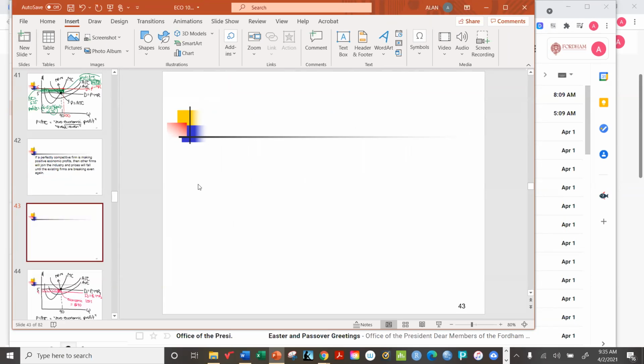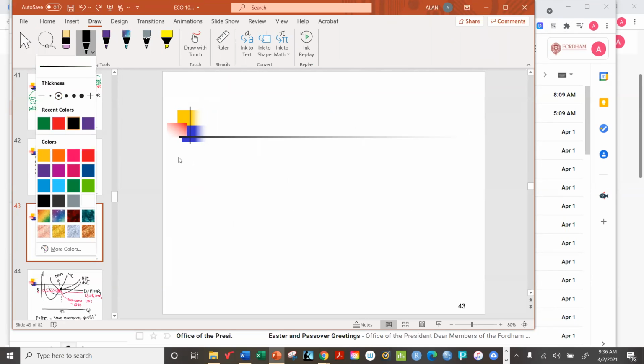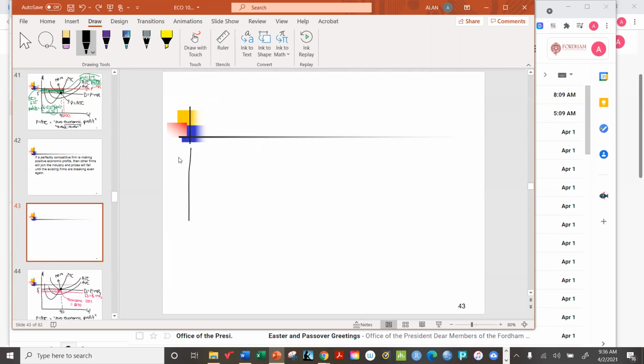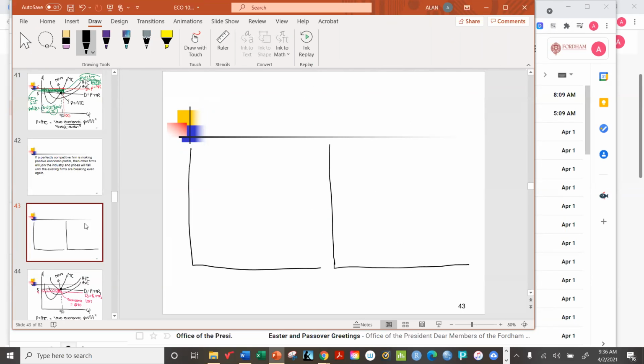So we started out here, let's say, and originally we were at $5. Yes, $5. Okay, so let's say that here's the market, and here's the individual firm.